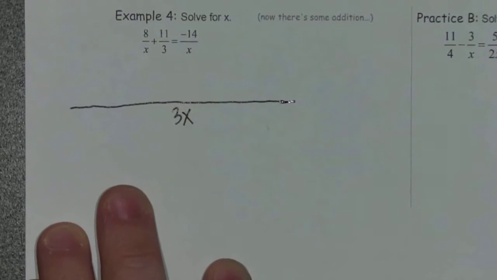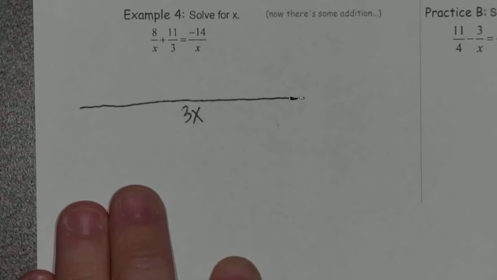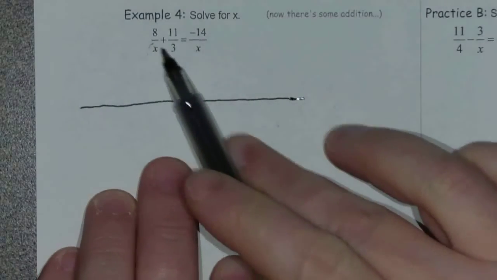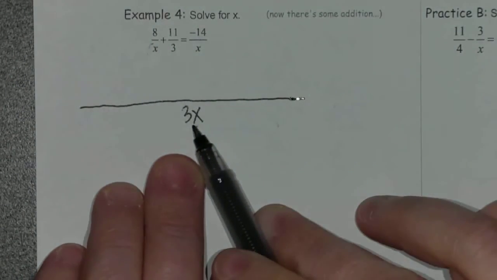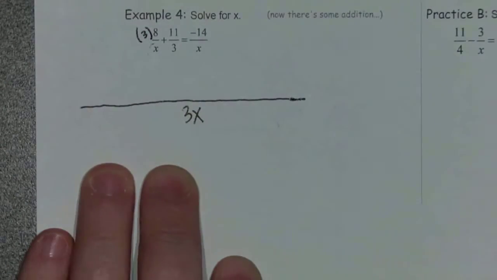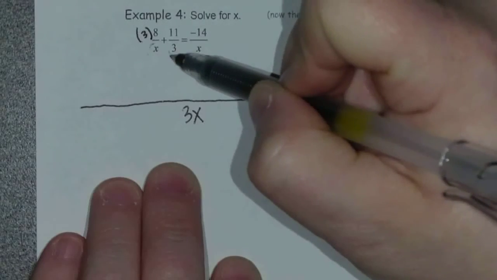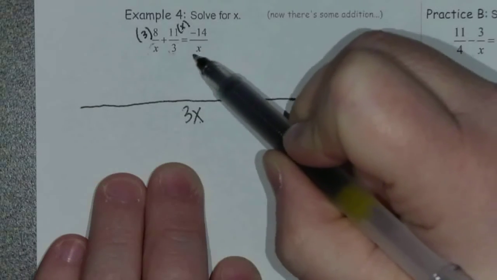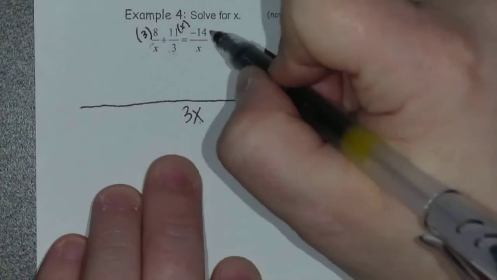So I'm just going to rewrite everything over my common denominator, which is 3x. What was the x right here missing to get to my common denominator? So what am I going to multiply the top by? 3. What is this one missing to get to my common denominator? It's missing x. And what is this one missing? 3.